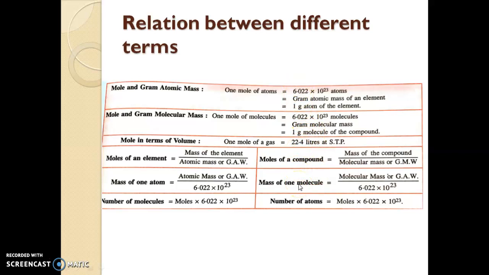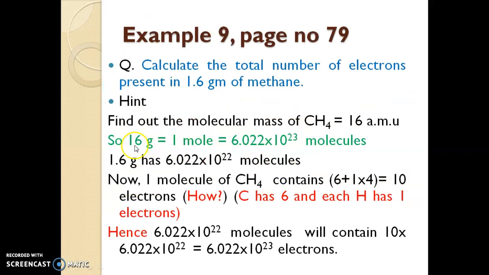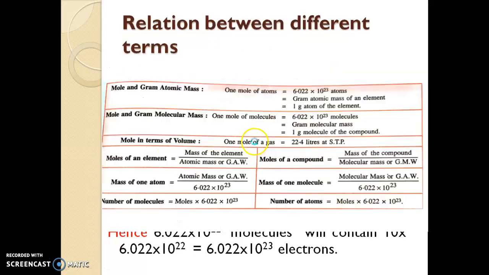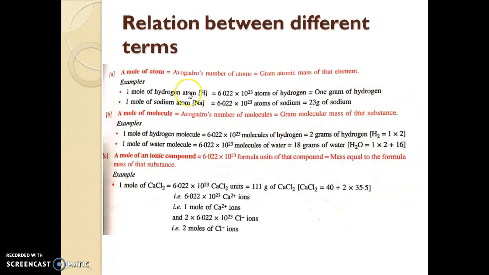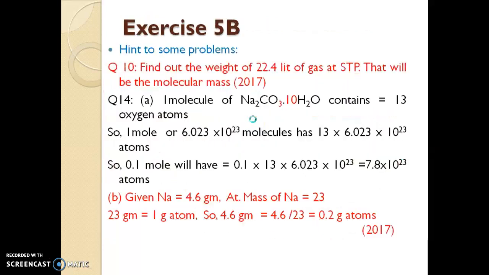I will tell you to remember only the basic details which we have discussed till now: 1 mole is equal to molecular weight is equal to Avogadro number, and 1 mole of gas is 22.4 liter at STP. If you remember these two basic equations, you can do all problems. But still, I have added certain relations so that you can understand.